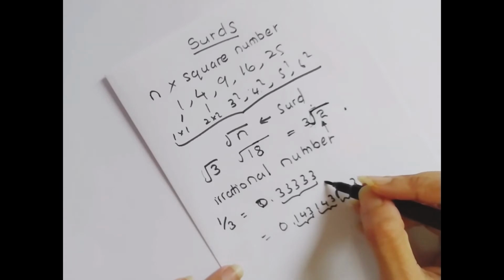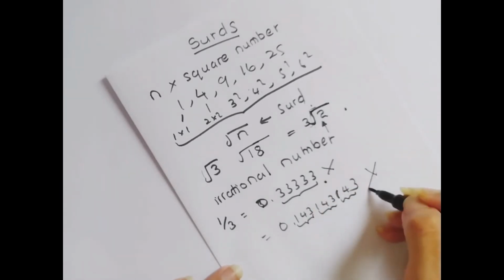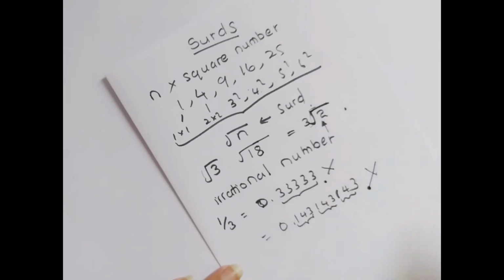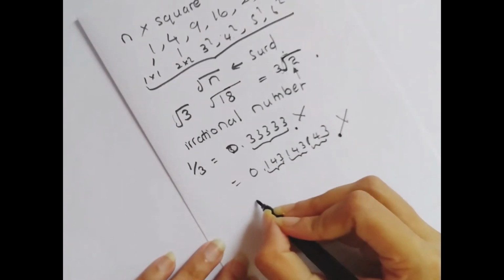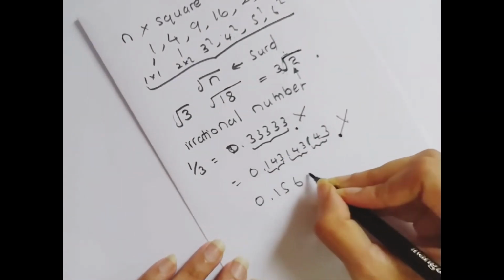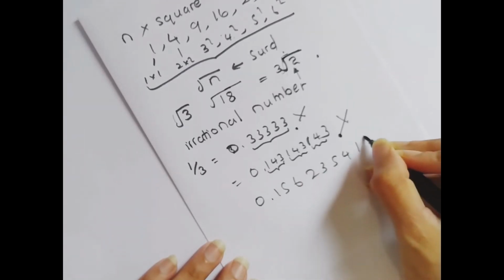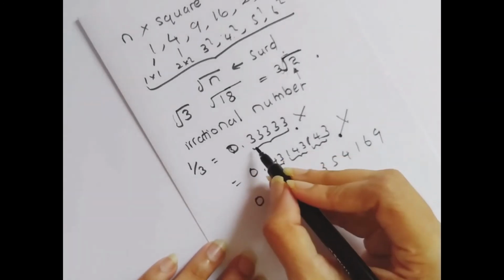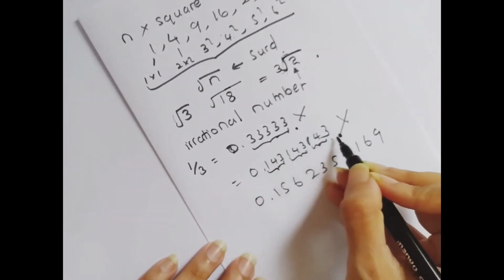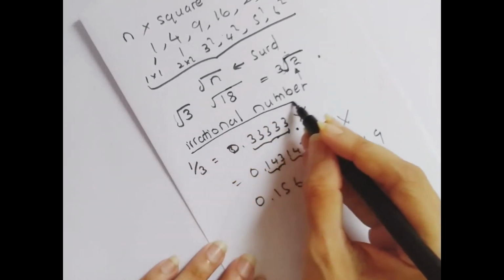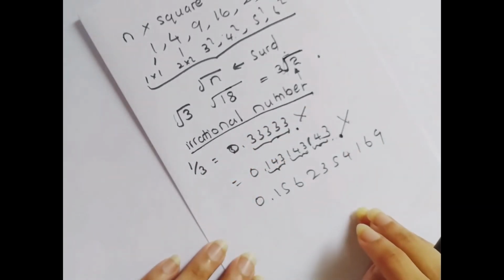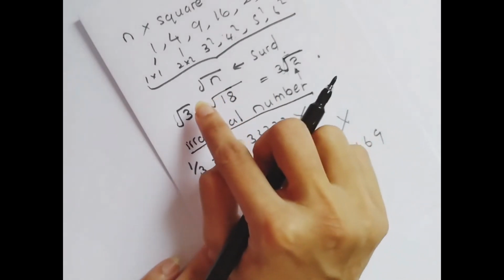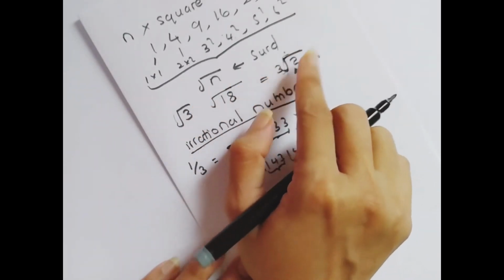An irrational number does not have repeats and it will never end. It will have numbers like 1, 5, 6, 2, 3, 5, 4, 1, 6, 9. Likewise, it never ends, but the numbers do not have a pattern like this. Those types of numbers we call irrational numbers. And remember that surds are irrational numbers.